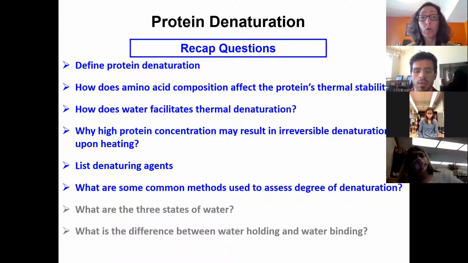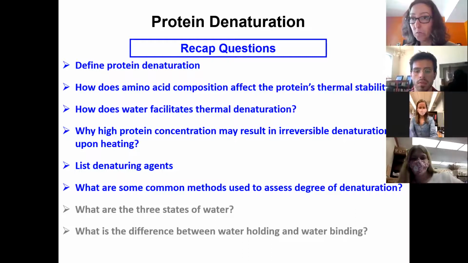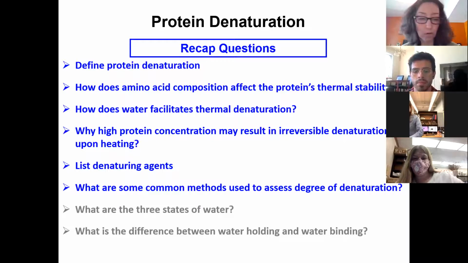That's good. So when you have an amino acid composition that has a tendency to form hydrogen bonding and form a structured secondary structure, so alpha helix, beta sheet, and you have a very structured configuration, like a globular configuration versus an open structure configuration, then you have a lower denaturation temperature.